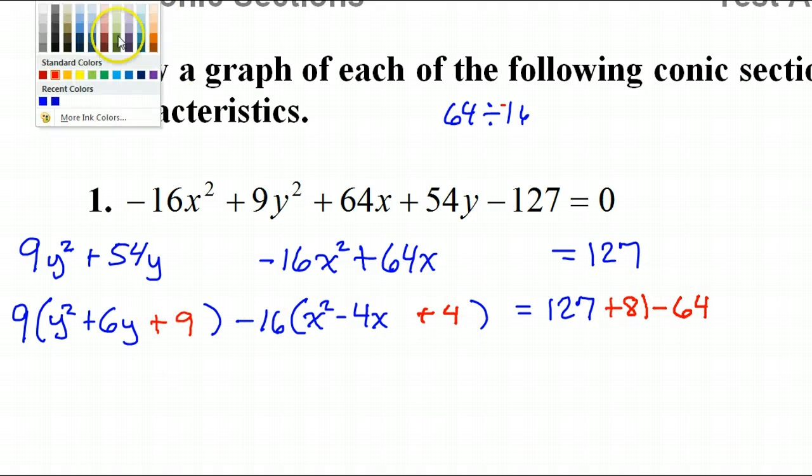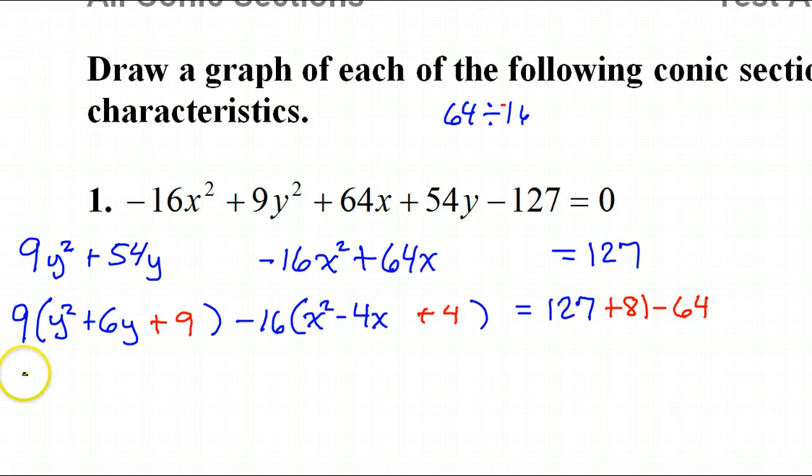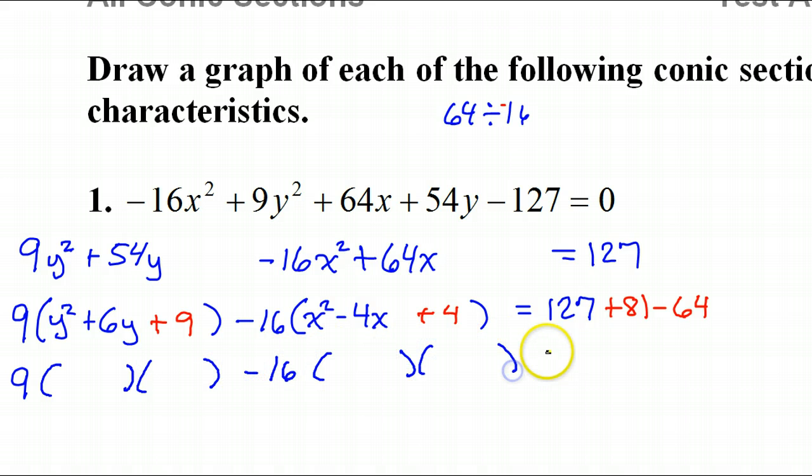Now I can rewrite this. The whole point of completing the square was so I could write this as the same thing twice. Putting all this stuff together, 127 plus 81 minus 64 is 144. Now this will be y plus 3 twice.